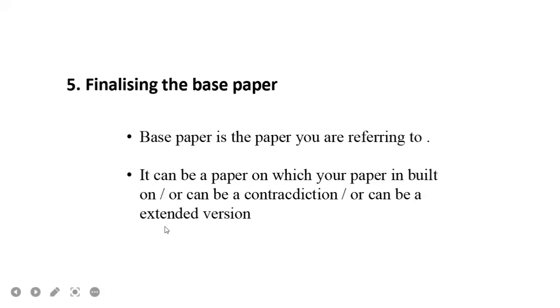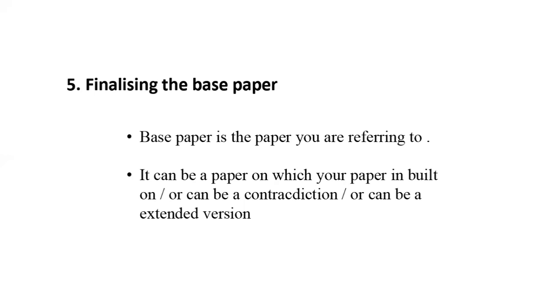And the final step is finalizing your base paper. What do you mean by a base paper? A base paper is a paper which you refer to as you bring out your own research paper. You will be referring to the base paper as a continuation, a contradiction, or an excluded version.